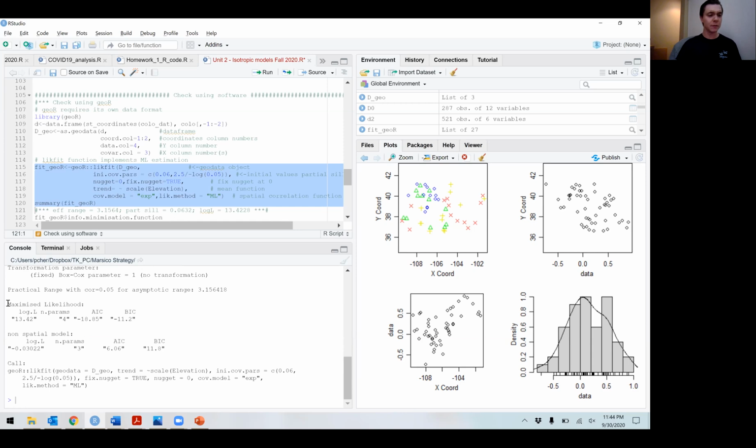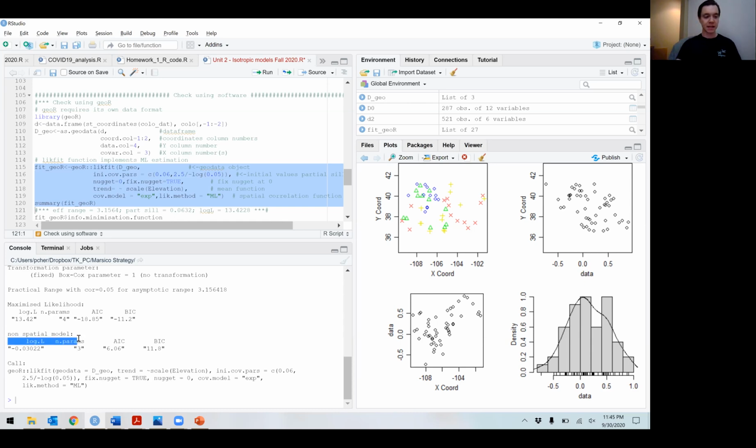This package is also helpful because it gives you the spatial model, AIC, BIC, log likelihood, and number of parameters estimated. If we're playing along at home, the 4 parameters estimated are the intercept, the elevation coefficient, the partial sill, and the range parameter.